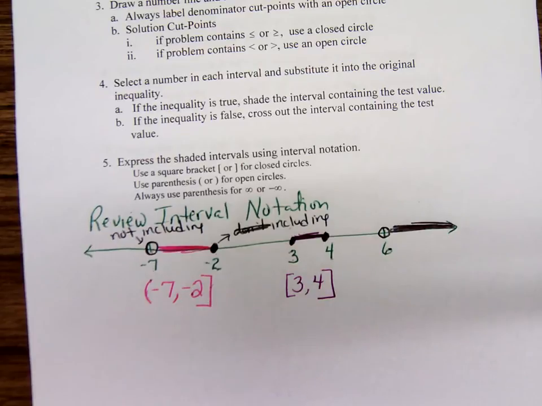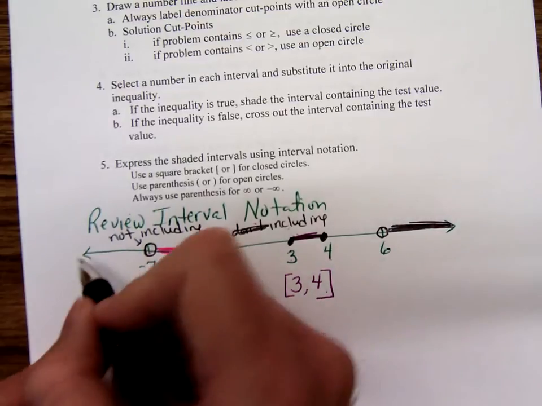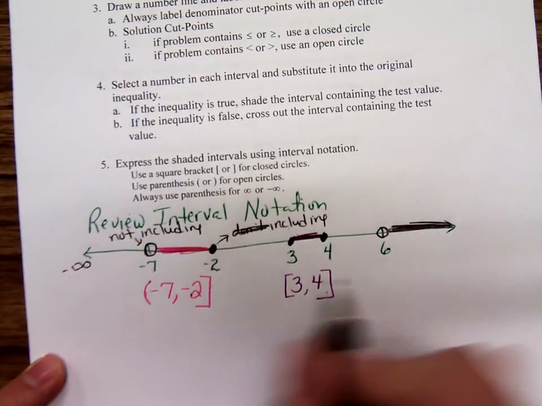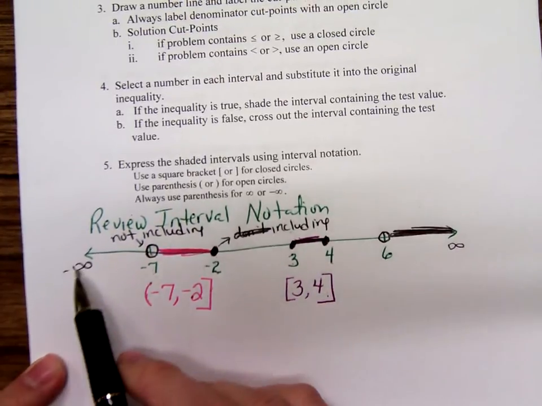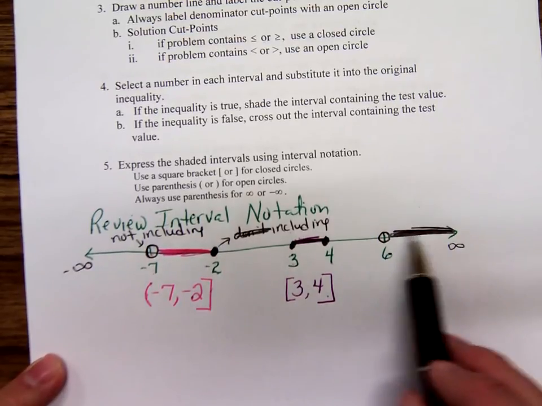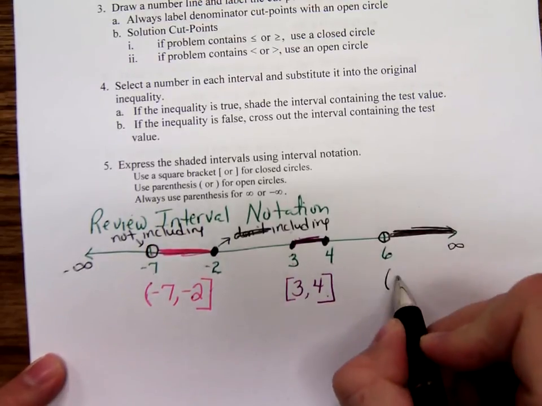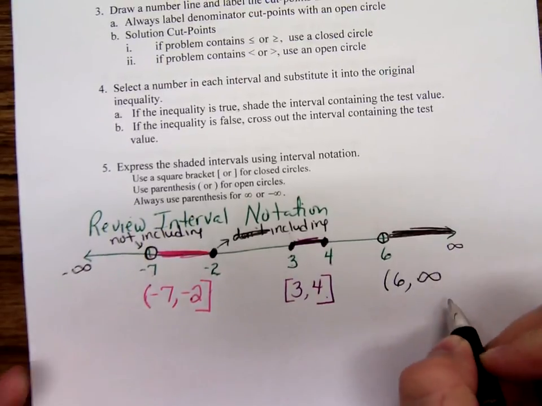If you get the hang of this, it's going to be left, right. For the arrows here, these are not 8s that I'm drawing. A negative infinity for the left arrow, a positive infinity for the right arrow. This black interval here would be parentheses 6, comma, infinity.